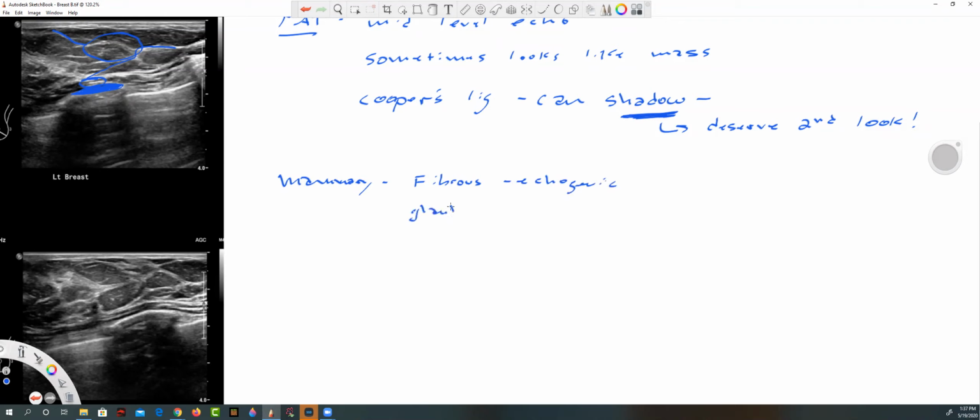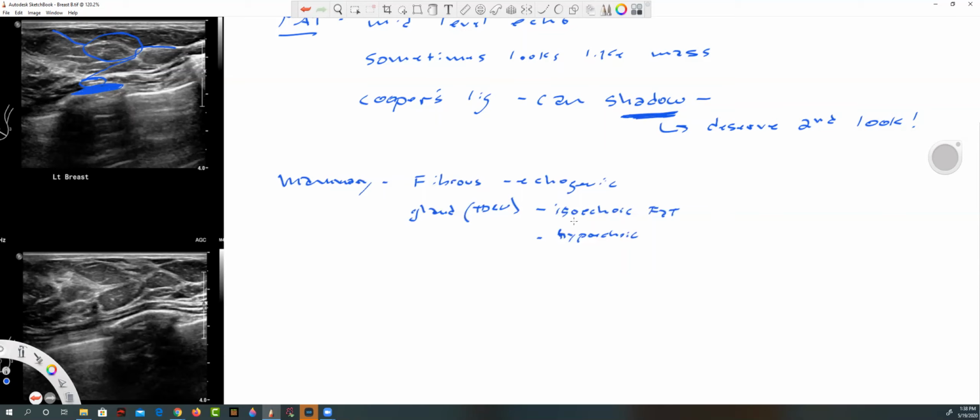The glandular part, the TDLUs, the ducts in general, those are more isoechoic to the fat, or even hypoechoic.